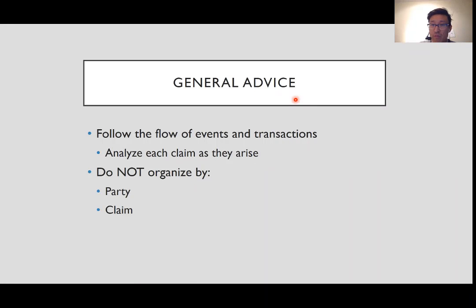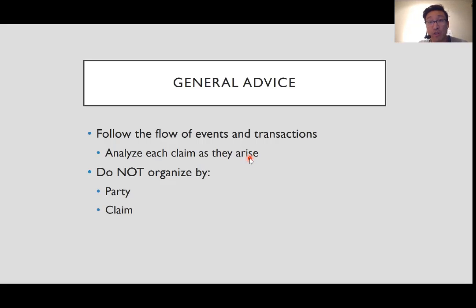So the general advice that I'd have for you is, subject to other exceptions that I lay out, try to follow the flow of events and transactions. Analyze the claims as they arise throughout the fact pattern.